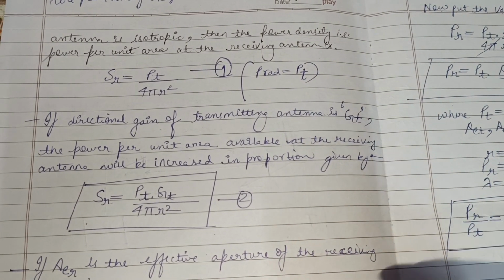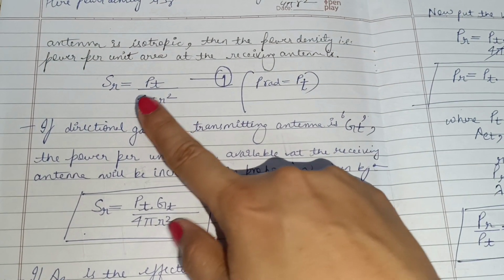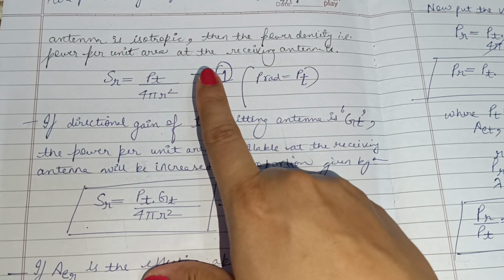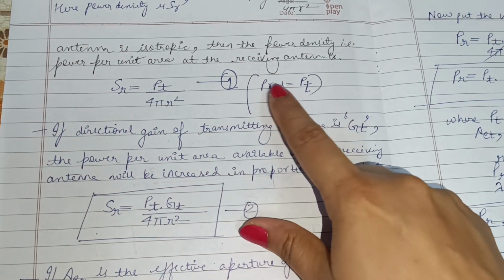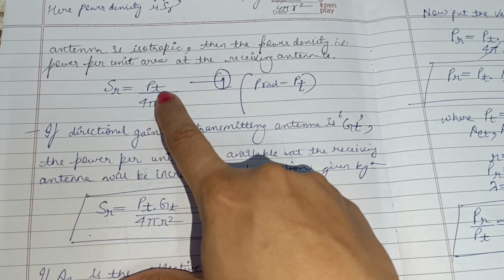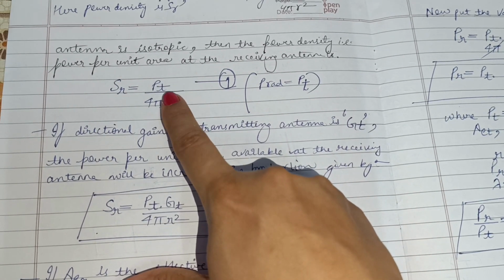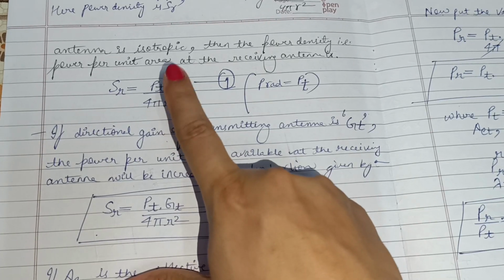Isotropic means the antenna radiates equally in all directions, and this is the power density. So it is given by PT upon 4 pi r square. We know that it is P radiated, but here we write it as PT, where T denotes the transmitting antenna.